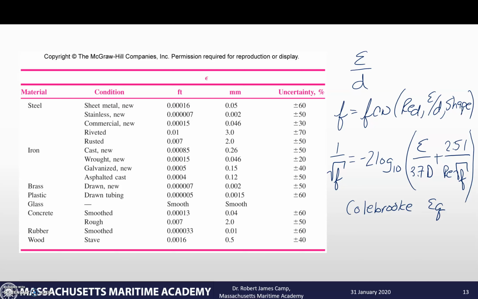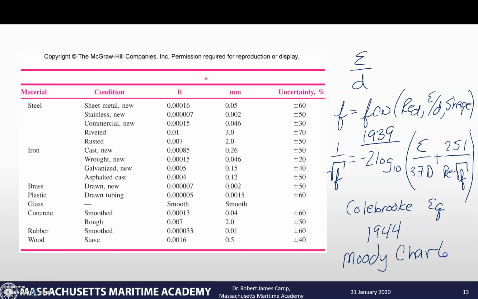In 1944, five years later, a scientist went, wow, that's a real pain in the butt to calculate every time. So he plotted the Colebrook equation manually, across a bunch of different surface roughness ratios and different Reynolds numbers, and developed what was named after him, the Moody chart.